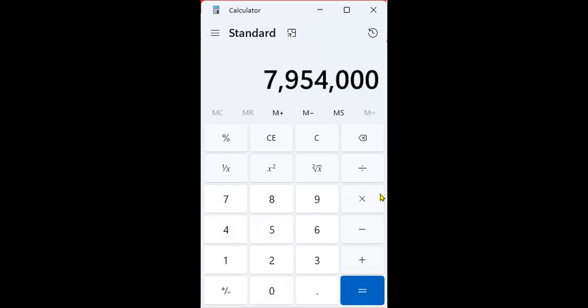Then we are going to add 680,000, and then you are going to subtract 7,650,000. Then that gives us 984,000. So 984,000 is what we're going to record in our answer sheet.